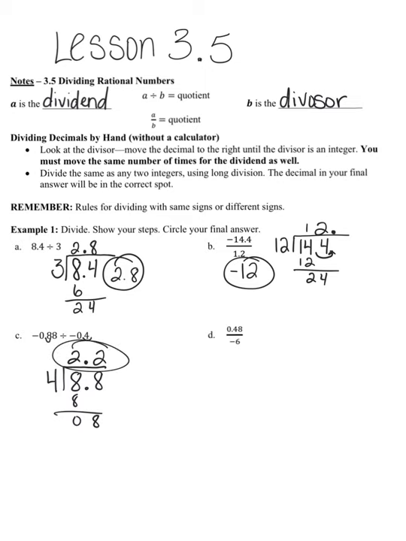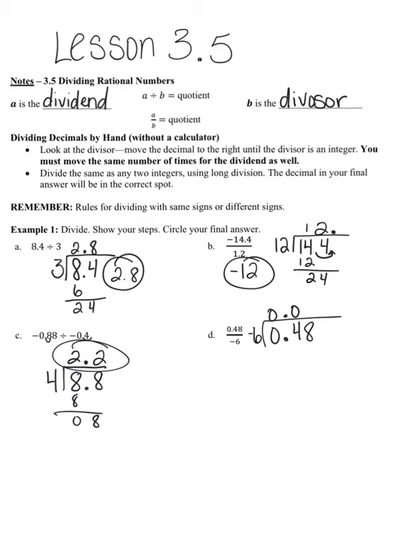And then lastly, I have no decimal in my divisor. So I'm just going to move my decimal point straight up. And then 6 does not go into 4.